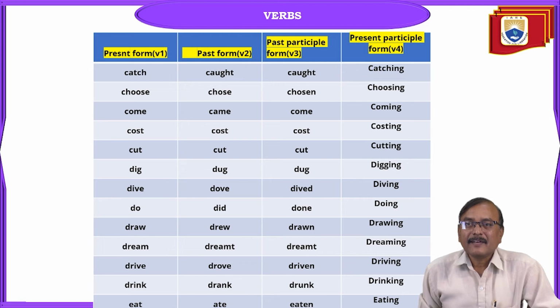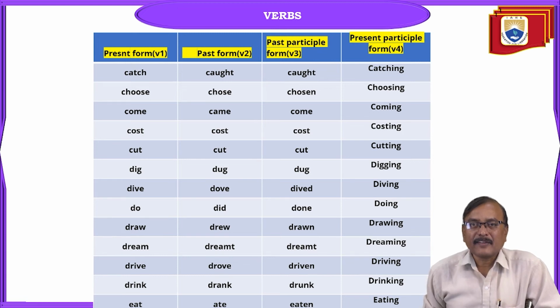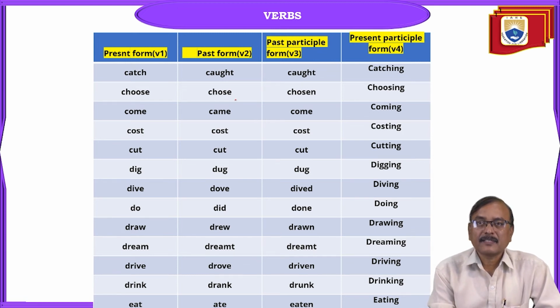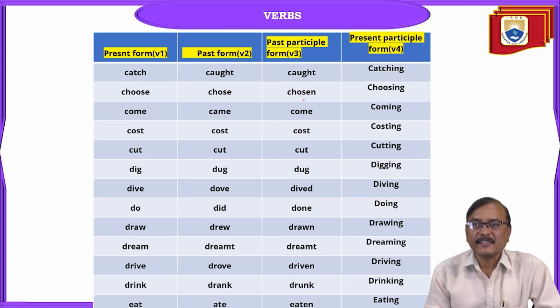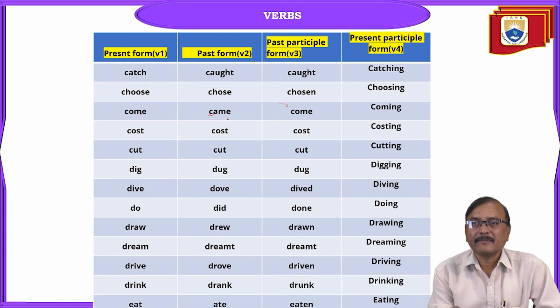See here. There will be some confusing verbs. You should concentrate on their spelling. For example, choose, chose, chosen. You have to concentrate on the spelling. Come, came, come.